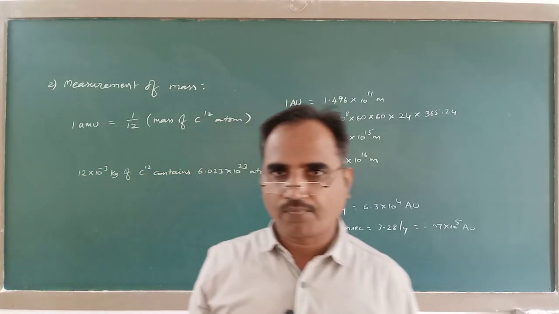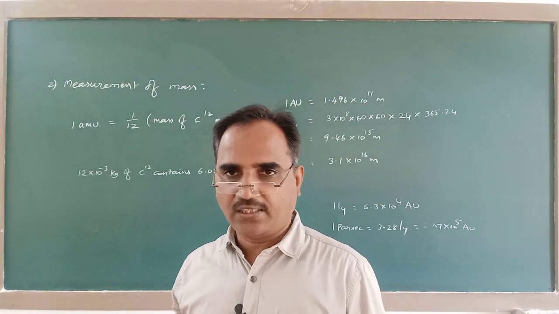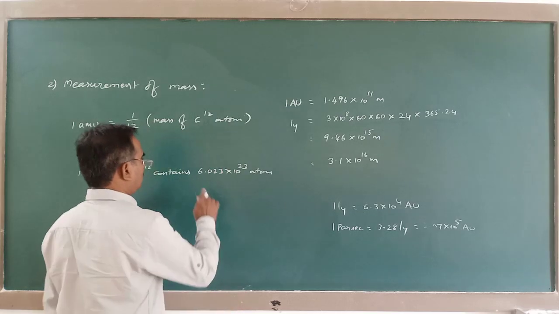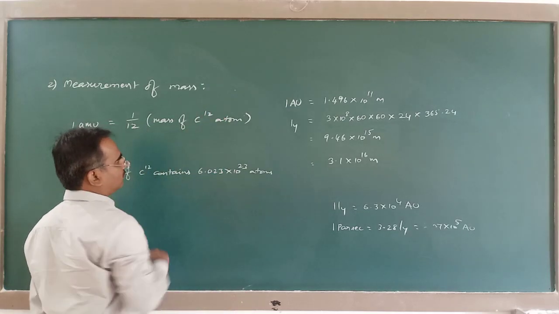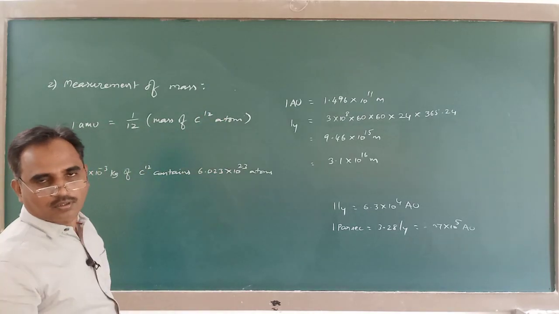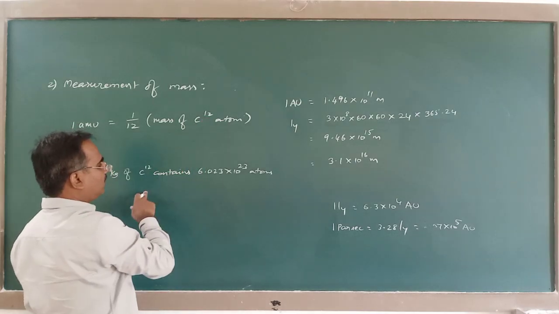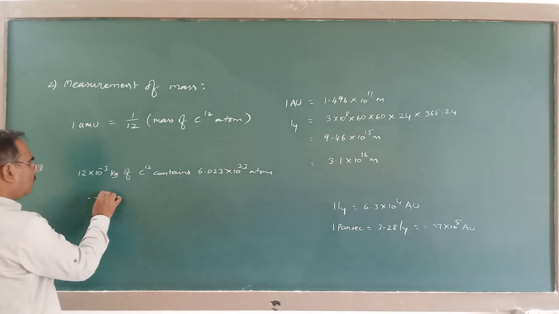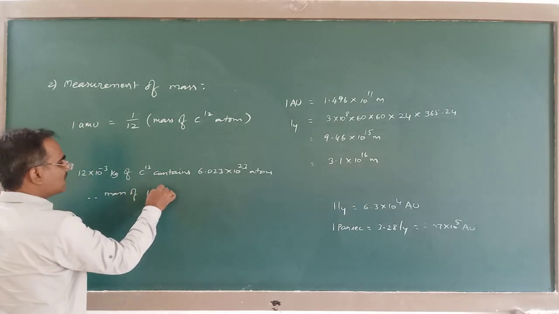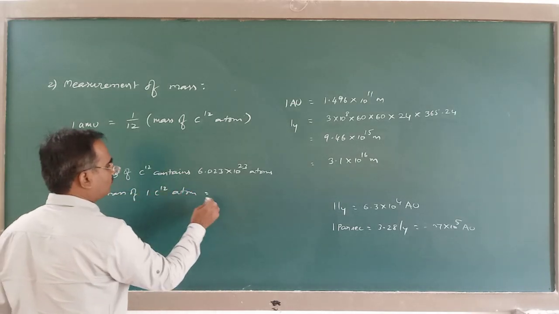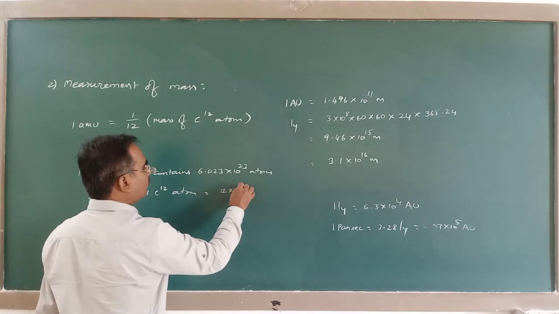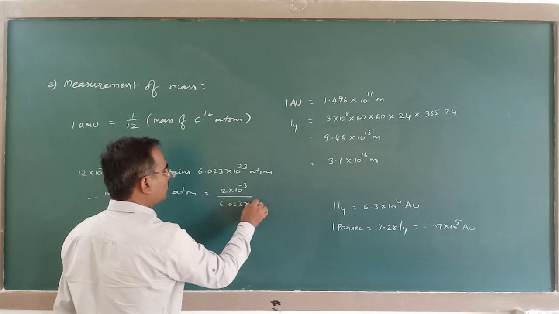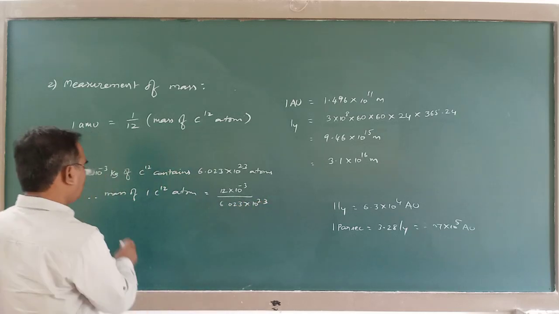In chemistry, you might have learned about this: a gram equivalent, a mass equivalent to the gram atomic mass, contains Avogadro number of atoms. Therefore, the mass of one carbon 12 atom is 12 into 10 to the power of minus 3 divided by 6.023 into 10 to the power of 23.